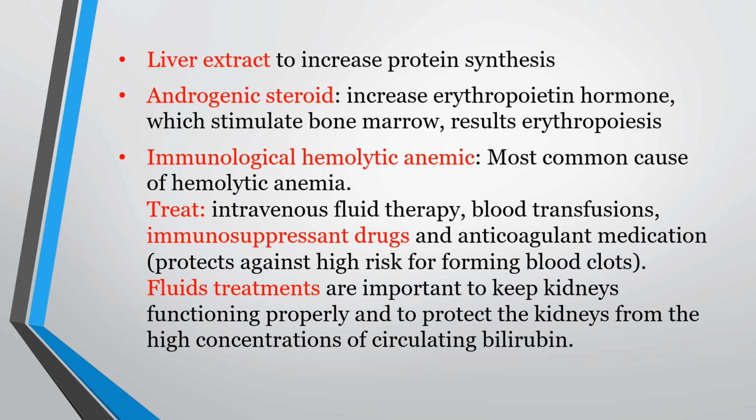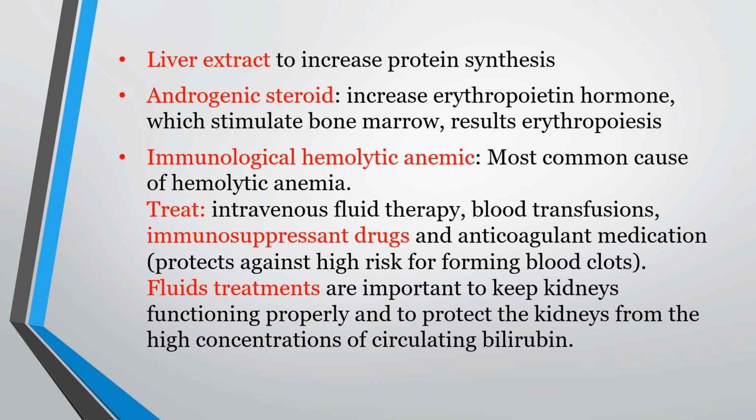Friends, liver extracts also help to some extent in correction of anemia. Liver extract is helpful in increasing protein synthesis, and you know the body of the RBC and hemoglobin is nothing but made of protein.